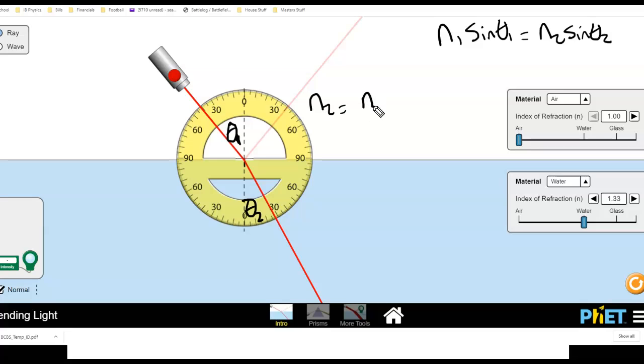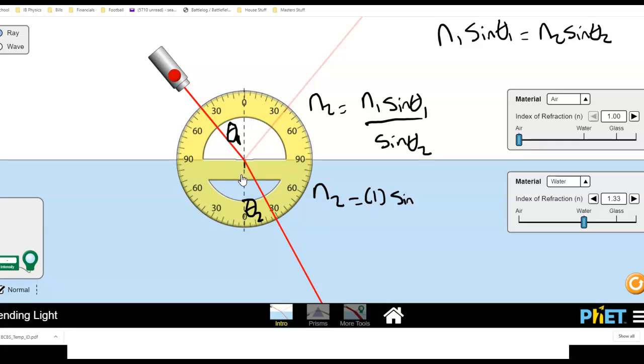If I wanted to calculate N2, I could very easily do that. I would just do N1 times sine theta 1 divided by sine theta 2. In this case, N1 is air. For theta 1, I would look at my protractor. I don't know that it's perfectly aligned, but I'll try to do the best I can.